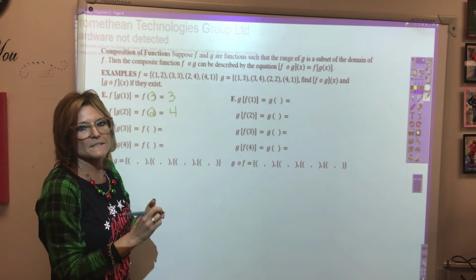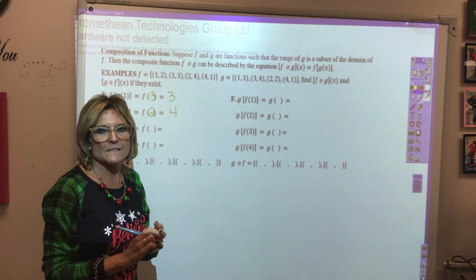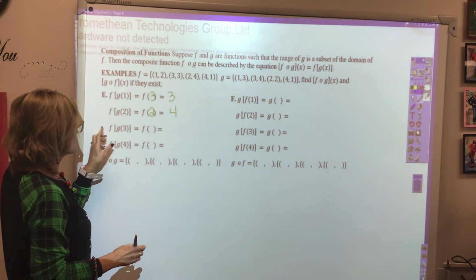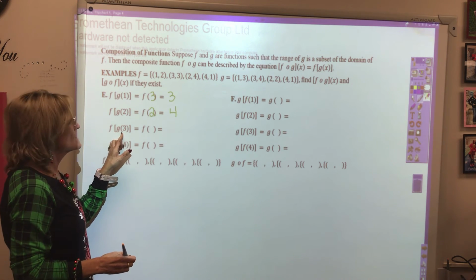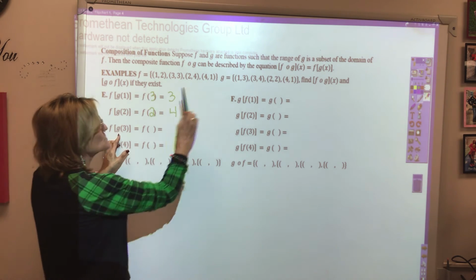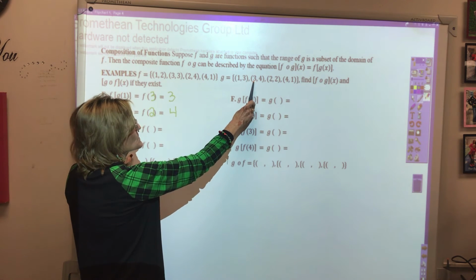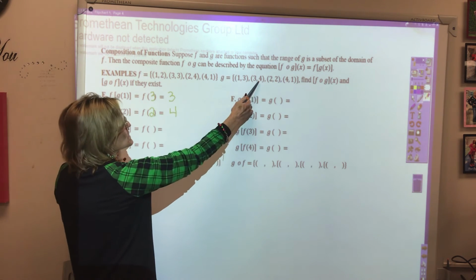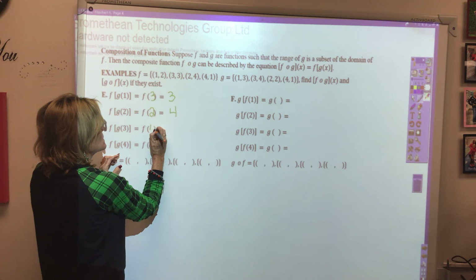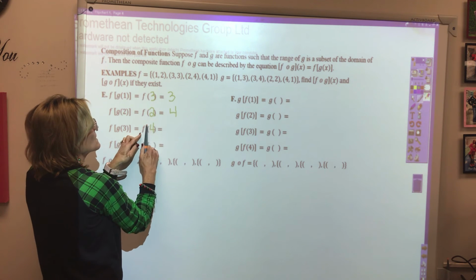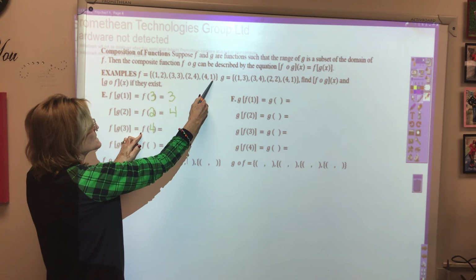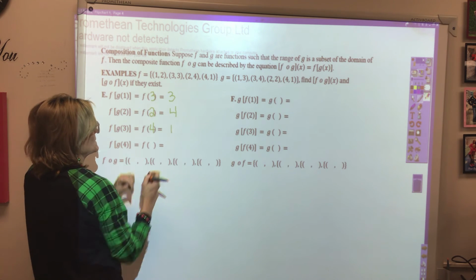So again, x is the input, y is the output. F of g of 3. Go to g of 3 and you see that the output is 4. Now we go to f of 4 and we see that the output is 1.